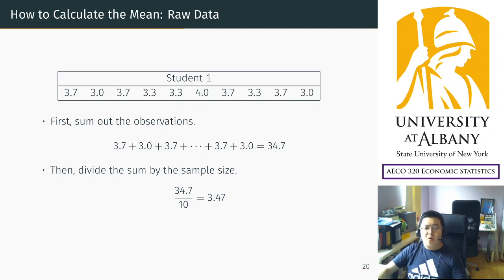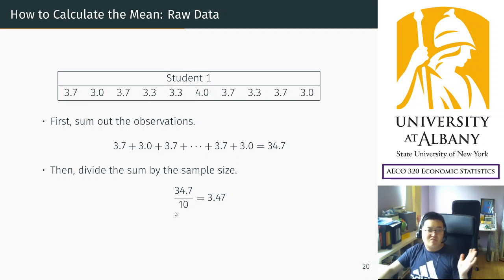Simply sum all the observations, which is 34.7, and divide this sum by the sample size. Count how many numbers you have. There are 10 numbers, so the average is 3.47. 3.47 is the average grade, the GPA, of student 1. So this is the way you calculate average when you have raw data.